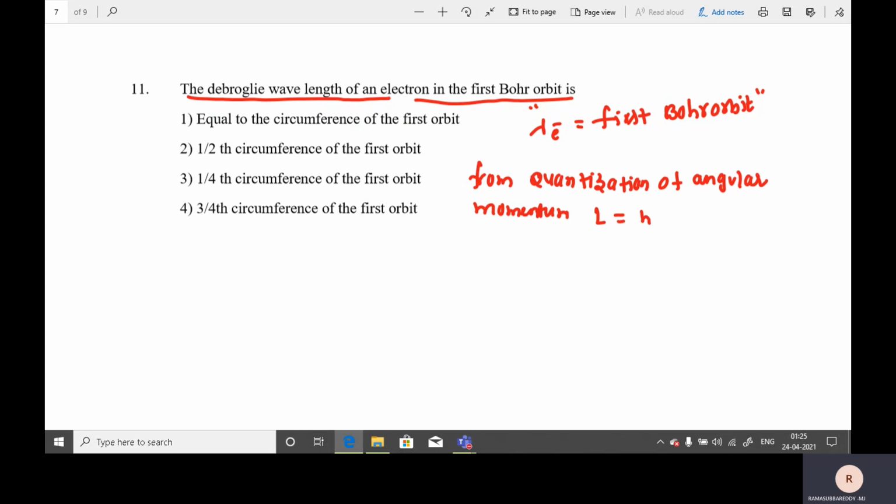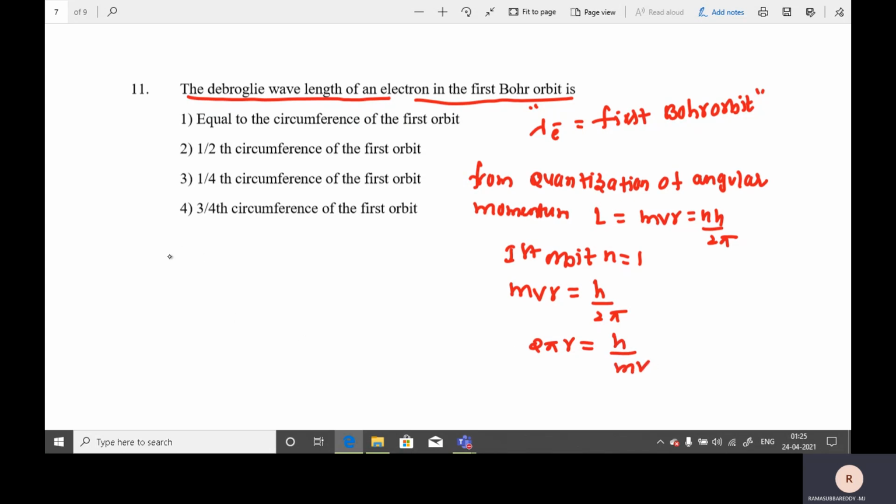L is equal to mvr is equal to nh by 2 pi, but here they ask for the first orbit, then our n is equal to 1, then mvr is equal to h by 2 pi. Then 2 pi r is equal to h by mv.